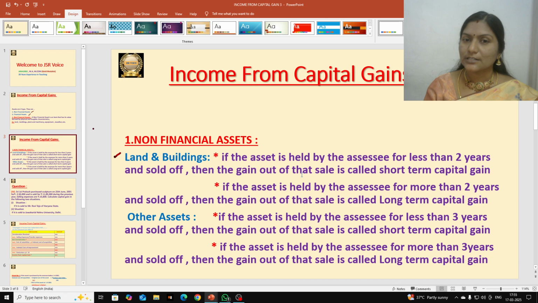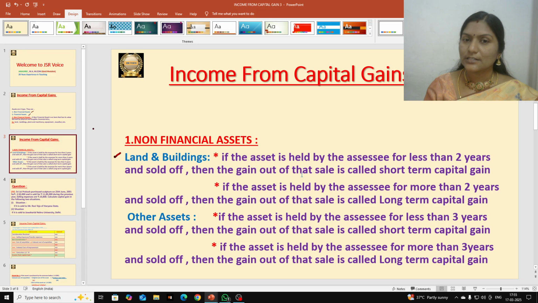What is the time period for confirming whether it is a long term or short term capital gain in the case of land and buildings? A 2 year period will be taken into account. If the asset is held by the assessee for less than 2 years and then he sells it, we call that capital gain short term capital gain.